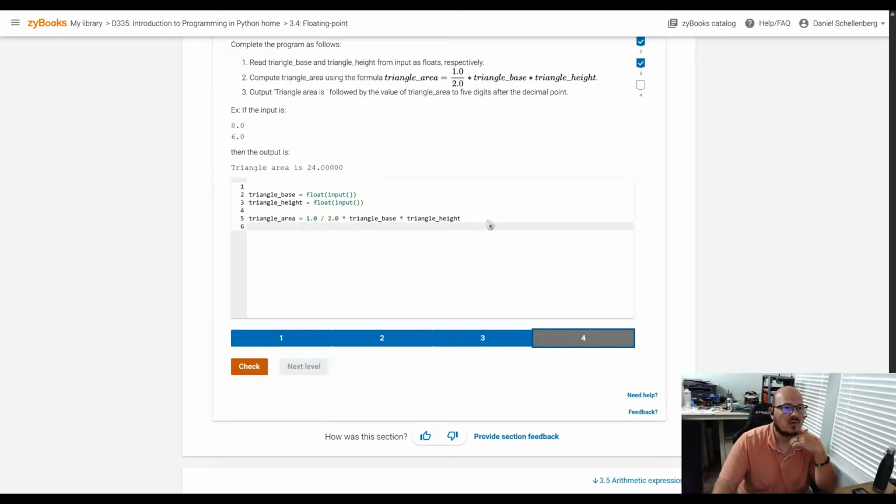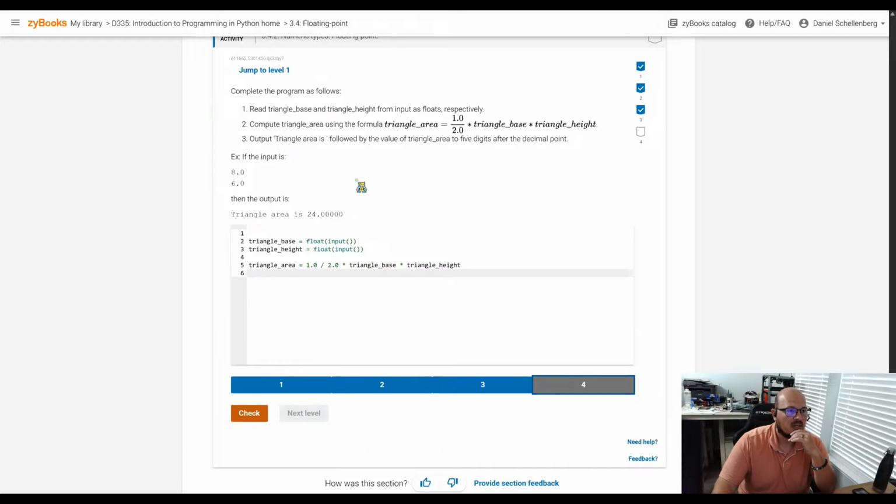If you don't know, division and multiplication have the same priority when it comes to order of operations, so it ends up working from left to right. So it seems like this is what it wants: 1.0 divided by 2.0 times triangle base times triangle height.